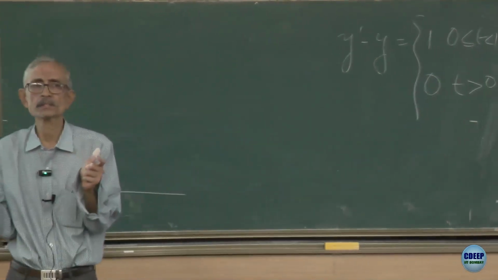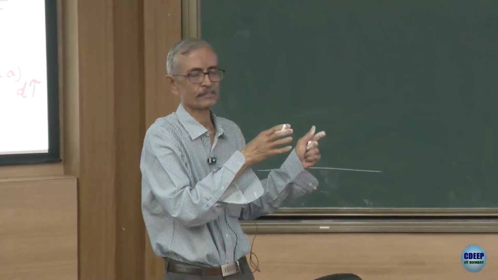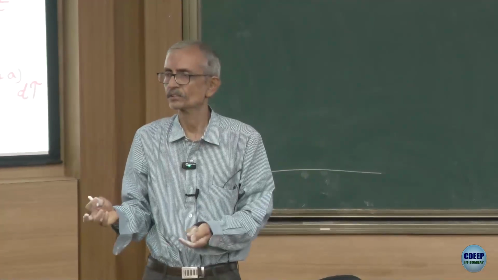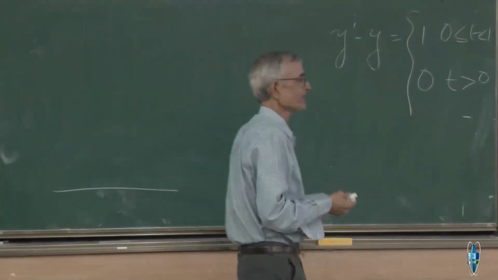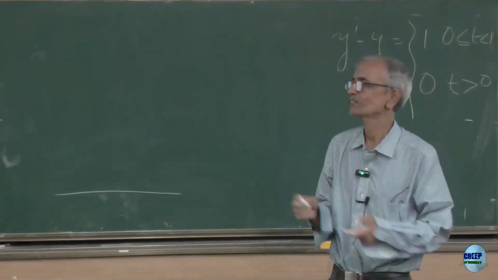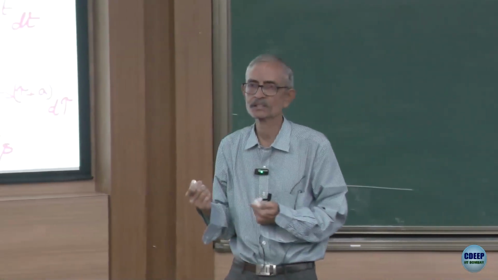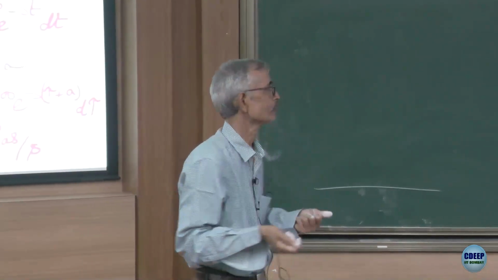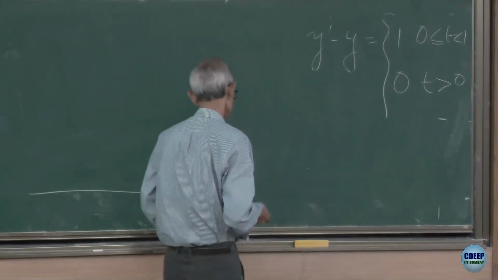This was the original situation that we had. And then we digressed. We said we want a definition of the Heaviside function, we want a definition of the Laplace transform, we did all that, and now it's time to come back to the original question. This was the differential equation that we were trying to solve.